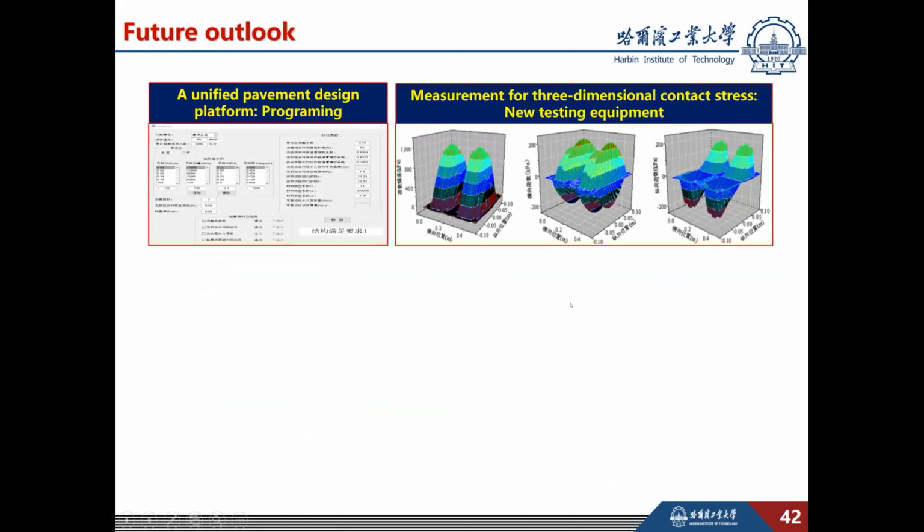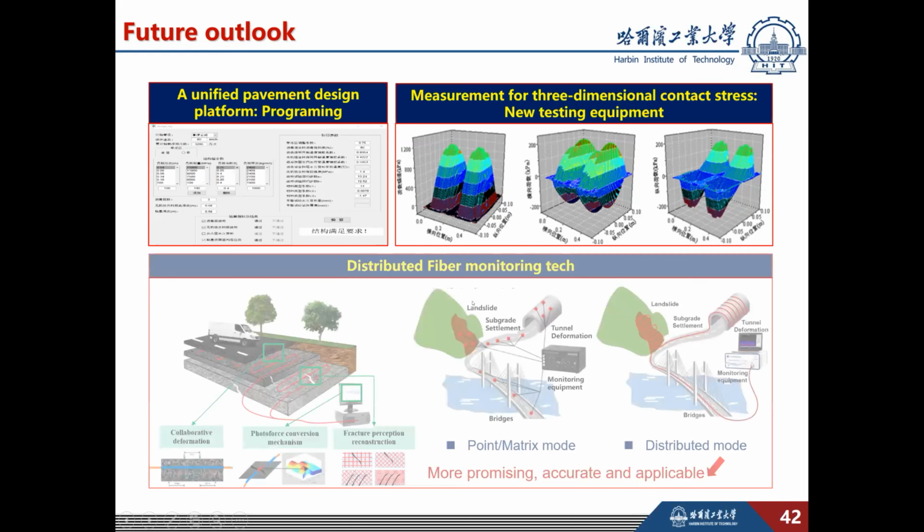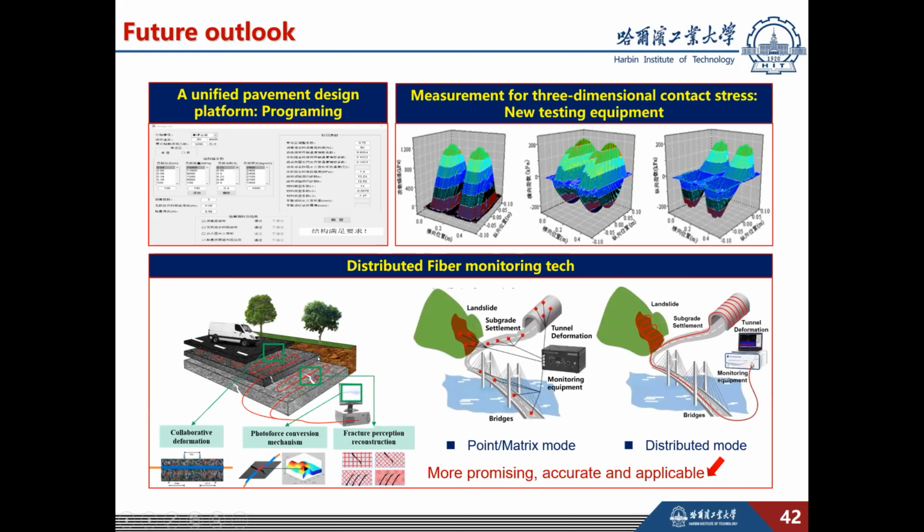Another one is to measure 3 directional contact stress with newly developed equipment, because it is difficult to measure the 3 directional contact stress in the real moving state. Another is the distributed fiber monitoring technology. Compared with the traditional FBG monitoring technology, I think it is more promising, accurate and applicable.